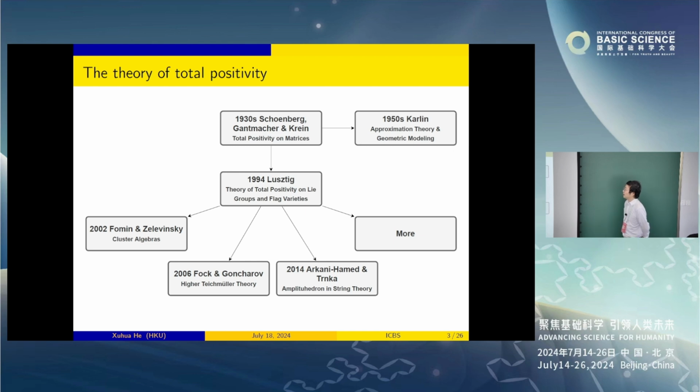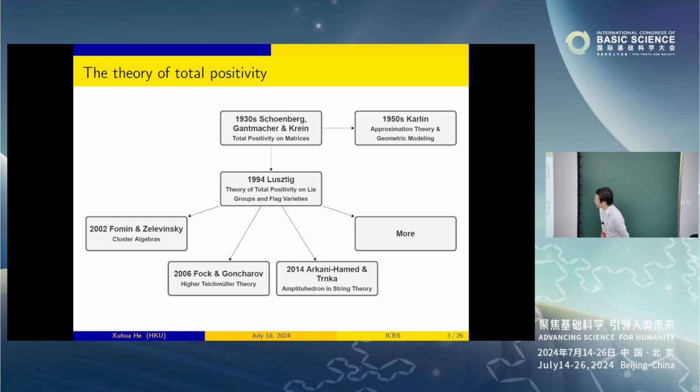So that is what happened in the 1930s and 1950s. A real breakthrough came when Lusztig first studied this, and in 1994 he generalized the theory of total positivity from matrices to reductive groups and flag varieties. Now this has become a very important topic.